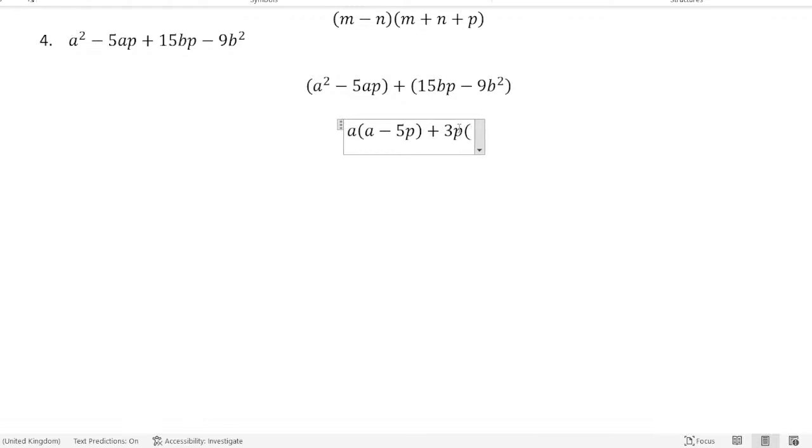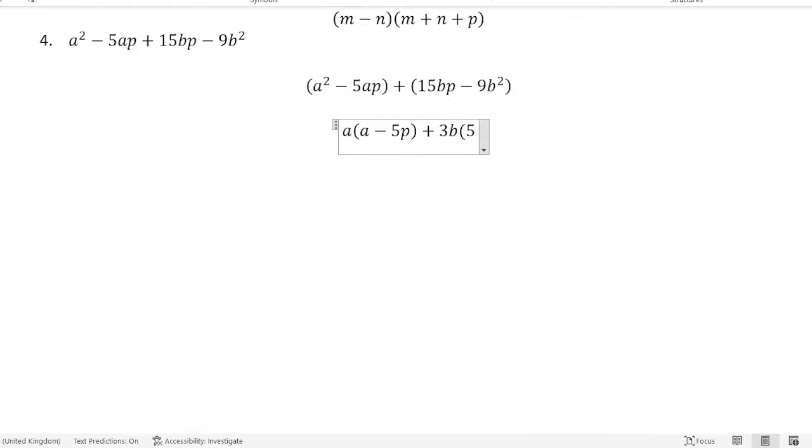Then we're left with 5b. Now we're left with 5p, our common factor is 3b.